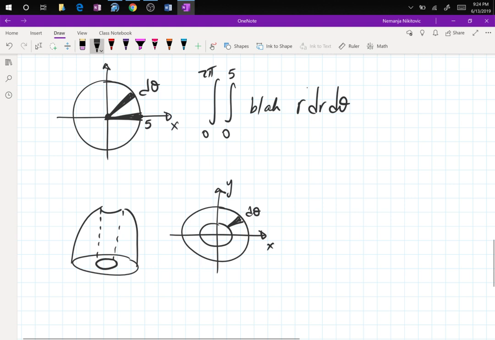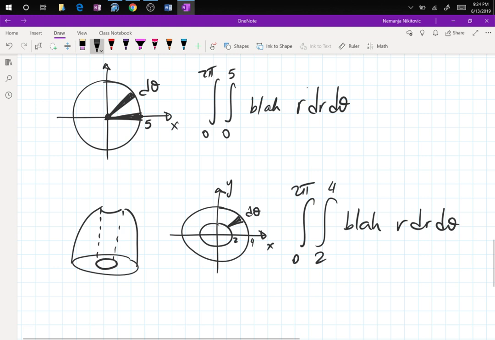And let's say that this is 4, and let's say this is 2. So now your double integral of blah, because there will be some function there, r dr d theta, we're only talking limits now, so blah is just fine. If I want the full circle around, it's still 0 to 2 pi. But now the middle is empty. So it goes 2 to 4. Exactly. It goes 2 to 4.